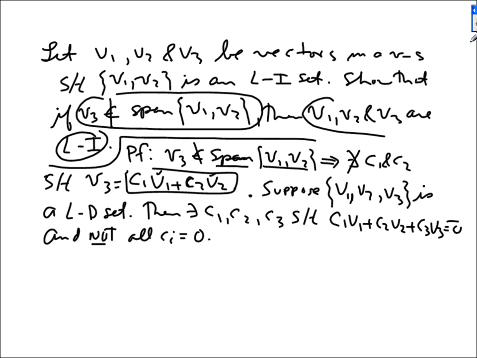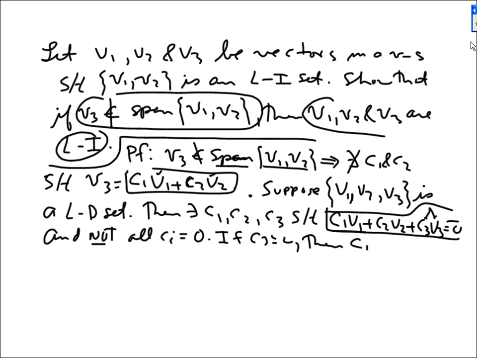Okay. If C3 equals 0, then 0 times V3 is 0. So we just remove that 0 vector.